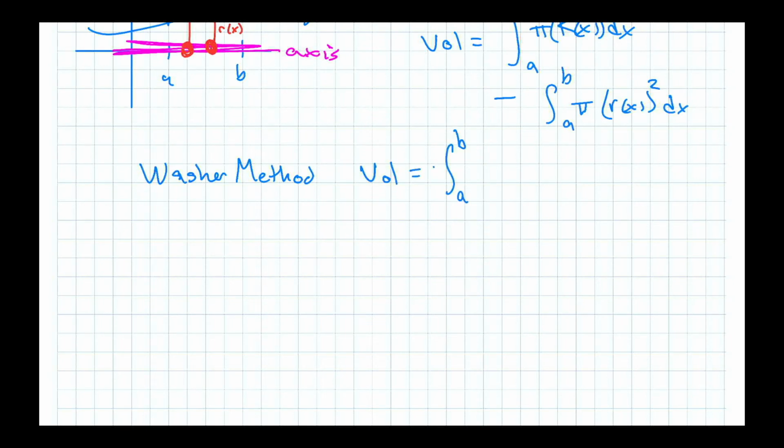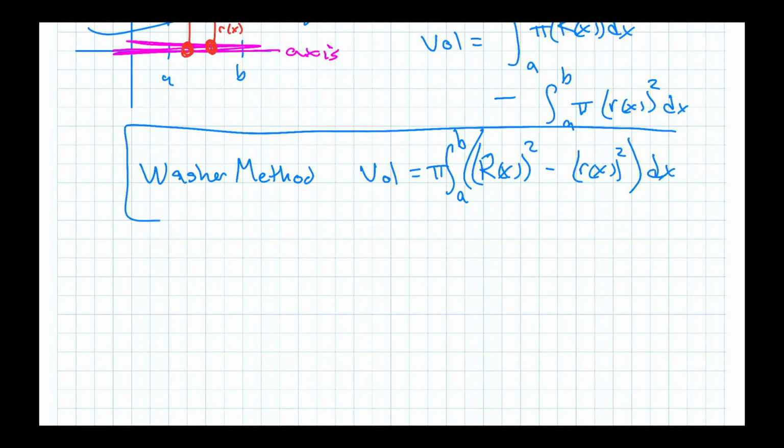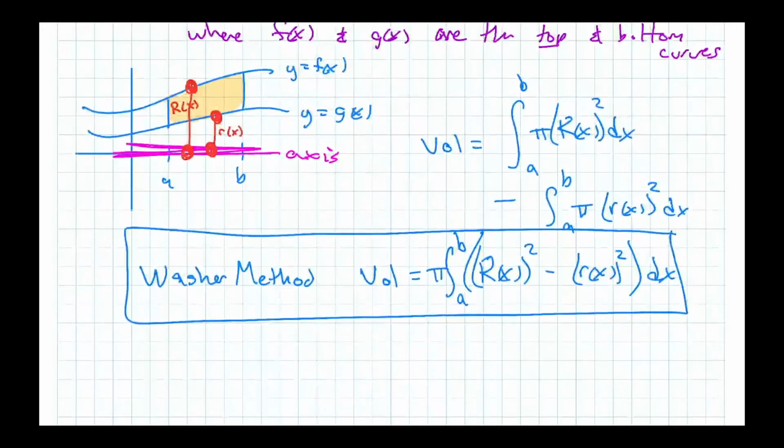They put the pi on the outside typically, and then they'll say big R of x squared minus little r of x squared dx. Okay, so that was a lot of work, 10 minutes or something just to get this, but it's exactly the same as the previous problems. The only thing is now you've got a top curve and a bottom curve to worry about, which gives you two different radii when you measure them to the axis.